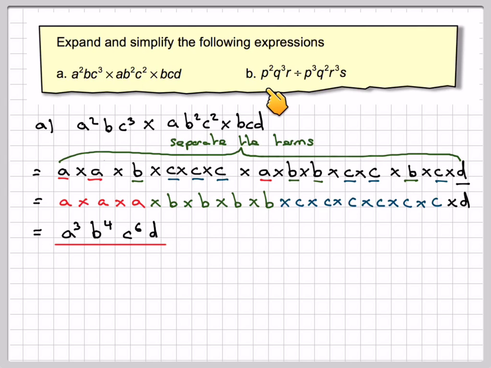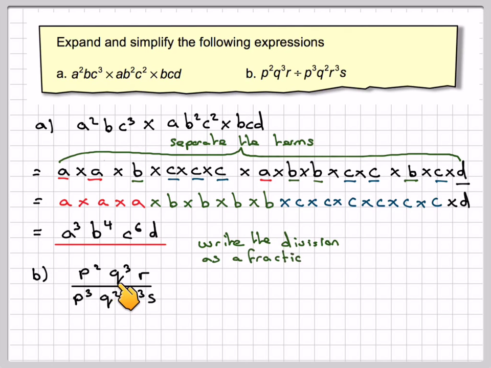Part B, we've got to do p squared q cubed r divided by p cubed q squared r cubed times s. So the best way to deal with this is to write the original thing as a fraction. So we've got p squared q cubed r divided by, written as a fraction, p cubed q squared r cubed s.